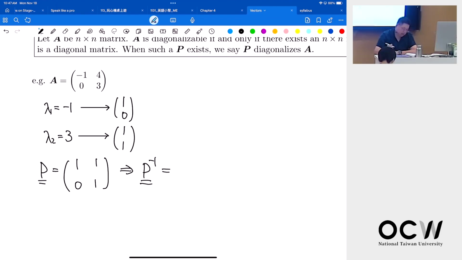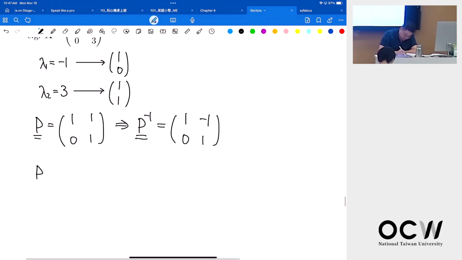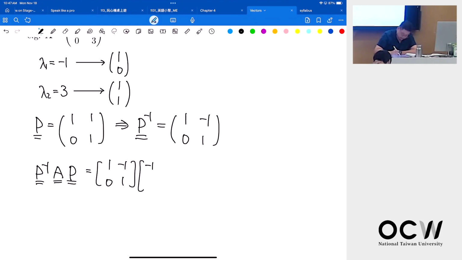The P inverse will be 1, 0, -1, 1. Then for this P, you can try P inverse A P: 1, 0, -1, 1, A is -1, 0, 4, 3, and 1, 0, 1, 1.